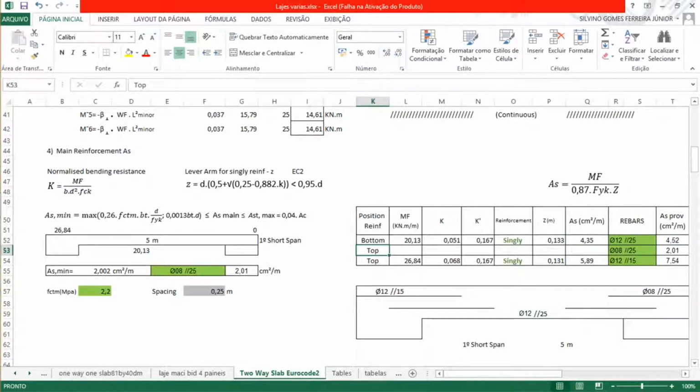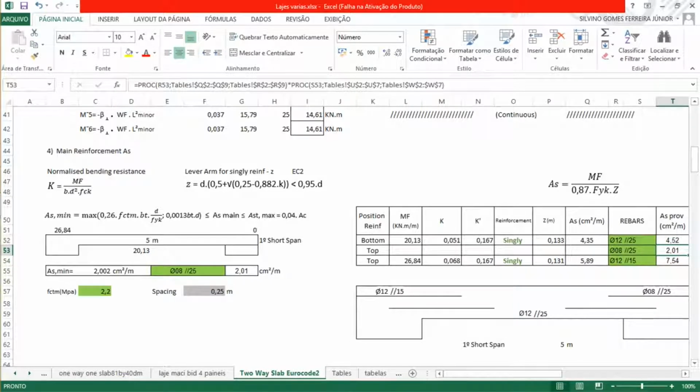Here on this corner of the shorter span we didn't have a moment, but we have to put a minimum reinforcement, so we put this one that we have here. I like to put this as phi of 8 spaced by 25 cm, so it gives us 2.01 of reinforcement there.